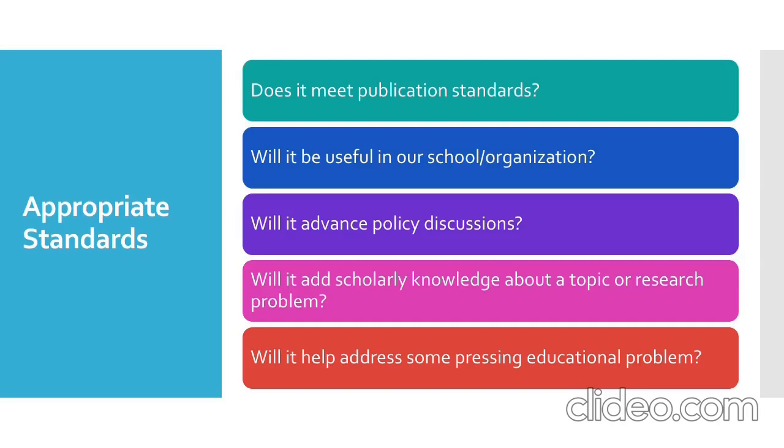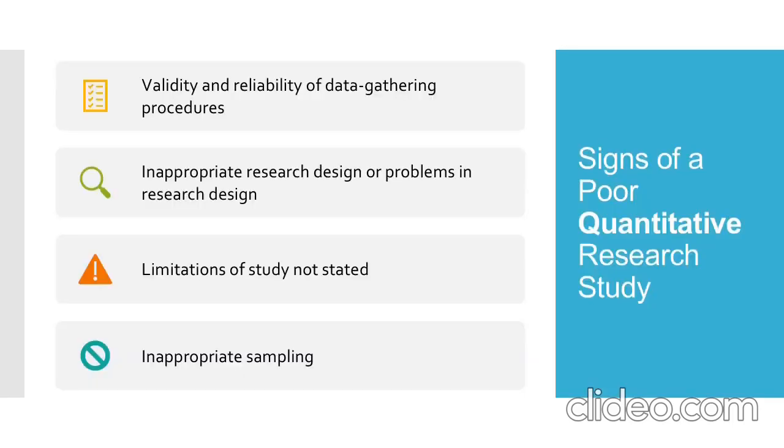Now, these questions are intended to shape how we evaluate a research report. However, since quantitative and qualitative research are different, the criteria to evaluate each are also different. Now let's move forward to signs of a poor quantitative research study.